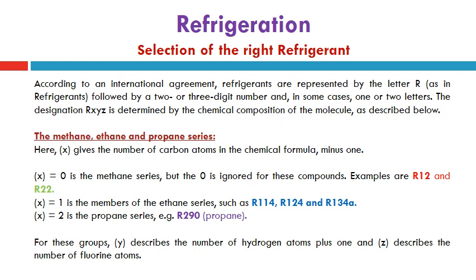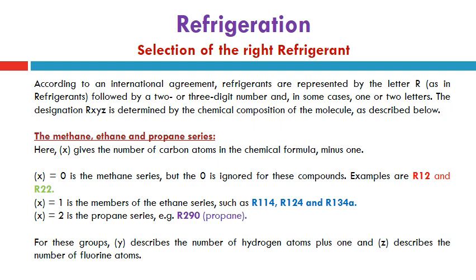Firstly, we will start with the methane, ethane, propane series. Here X gives the number of carbon atoms in the chemical formula minus 1. If X equals 0 it is the methane series, but the 0 is ignored for these compounds, such as R12 and R22.